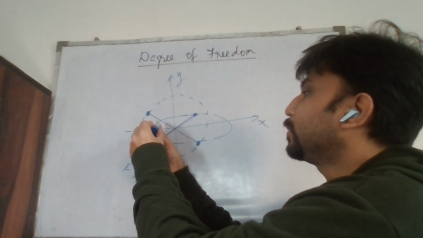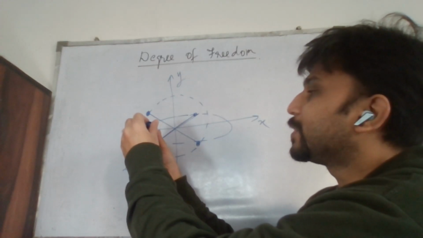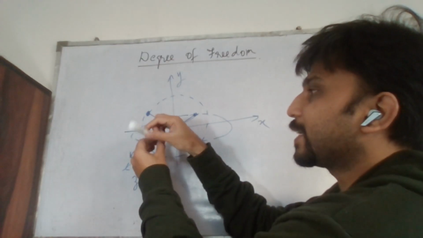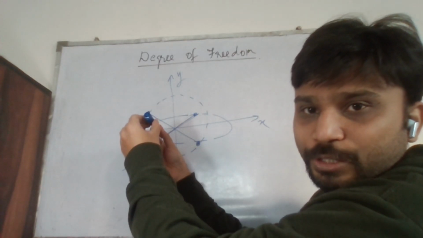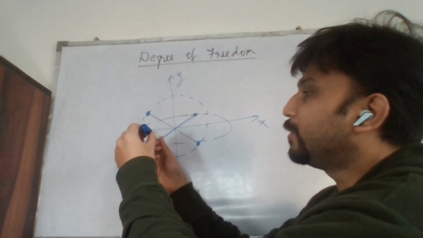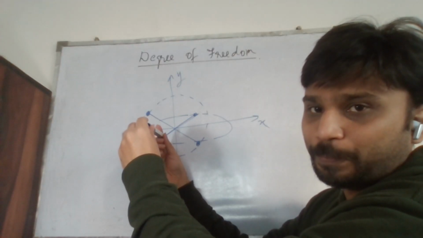Now it can rotate like this about y axis, and about the x axis, it can rotate like this. So about x axis, I have a rotation which has energy. About y axis, when I'm rotating, I have energy. But when rotating about the z axis, I don't have energy.